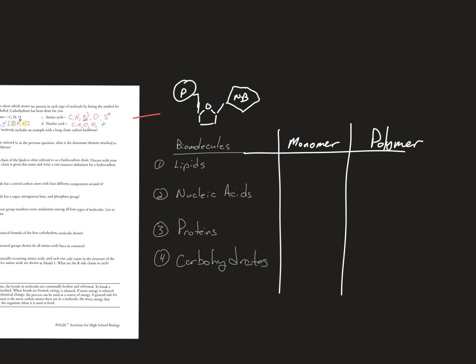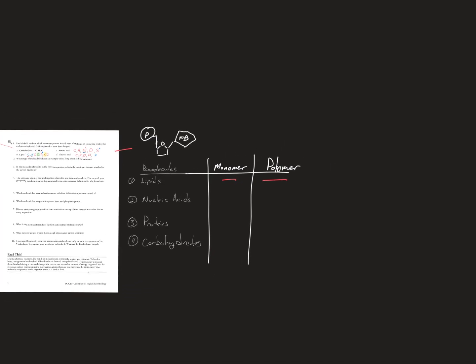So in lipids, you do have fatty acids that form parts of a triglyceride, but honestly, you have to say there are no monomers or polymers. When you're talking about a polymer and a monomer, you're talking about taking a bunch of Lego blocks and locking them together.